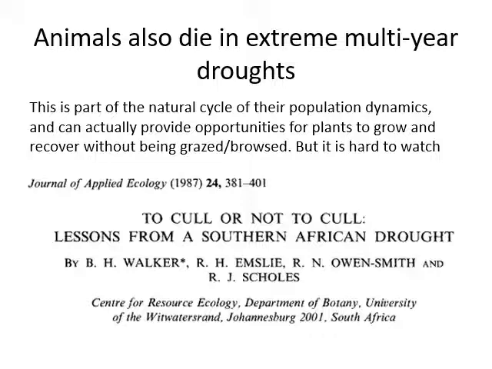So the conclusion from this paper was that culling the animals prevented an important regenerative process from occurring after the drought. This represents some of the complexities of managing these sorts of ecosystems that are so variable. You have to kind of just accept that when a drought happens, it's part of the natural cycle, and you have to observe it and manage it as best you can, but not try to prevent it.